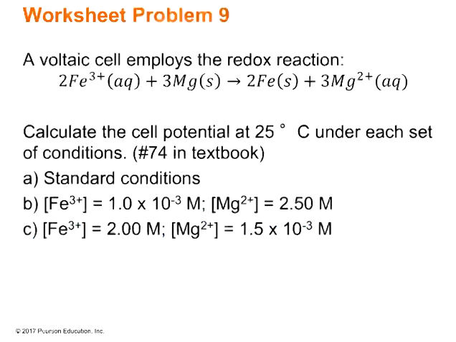We'll calculate this cell potential under standard conditions, and then in part B we're given 2 different concentrations for the ions, and then in C again we're given 2 different concentrations. In part B the magnesium ions have a higher concentration, and in part C the iron ions have a higher concentration. So we'll see how that affects the cell potential.